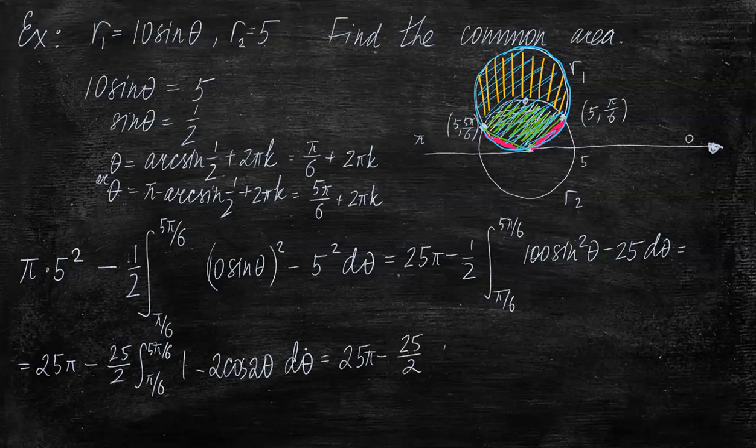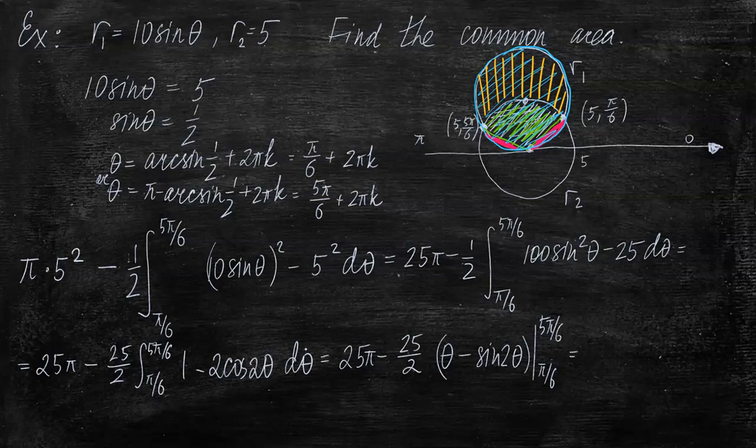The antiderivative of 1 is theta, the antiderivative of 2 cosine 2 theta is just sine 2 theta, and we evaluate it from pi over 6 to 5 pi over 6.